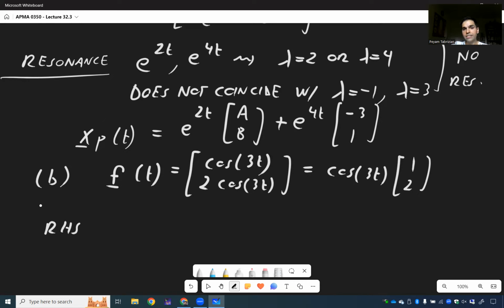So here, the right-hand side, because of the cosine, corresponds to lambda is plus minus 3i, right? Complex eigenvalues give you cosines and sines, which again does not coincide.